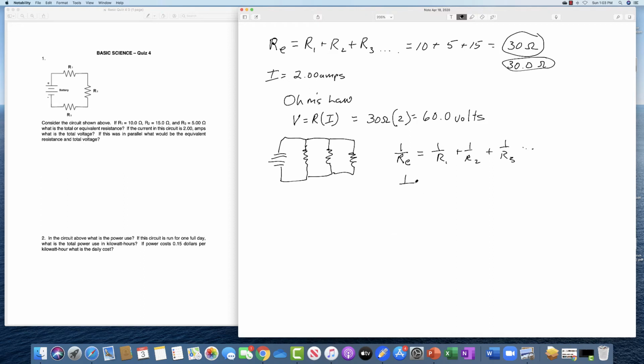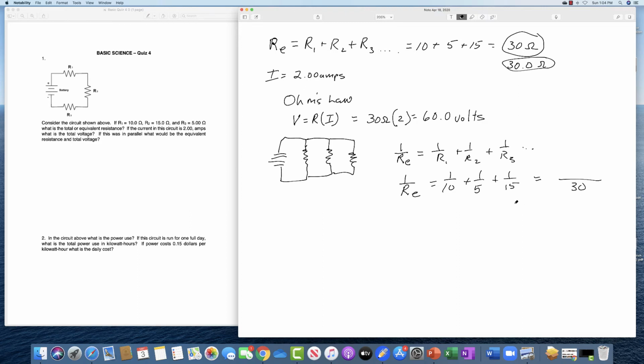So 1 over RE is going to equal, in this case, 1 over 10 plus 1 over 5 plus 1 over 15. And when you add fractions, now we're into math, you find the least common denominator, and the least common denominator here is 30.